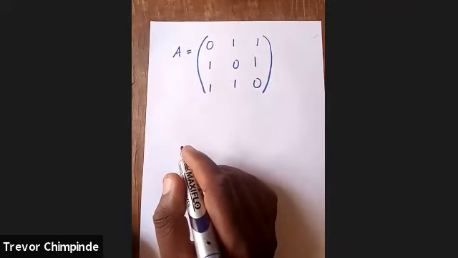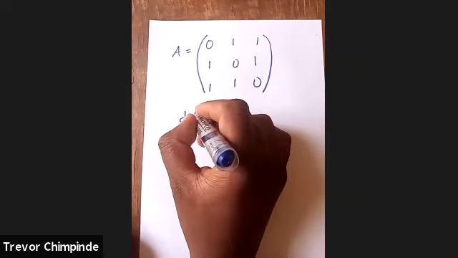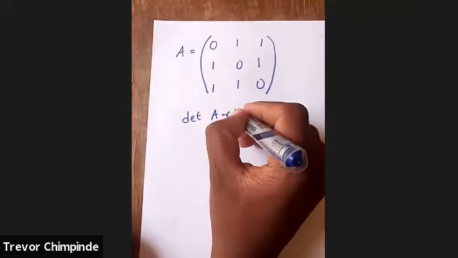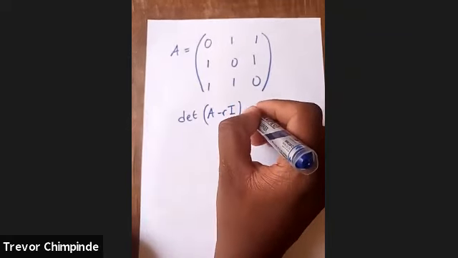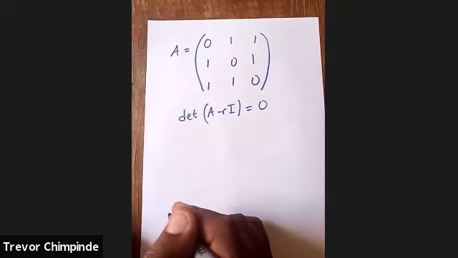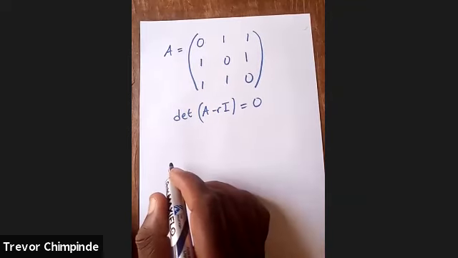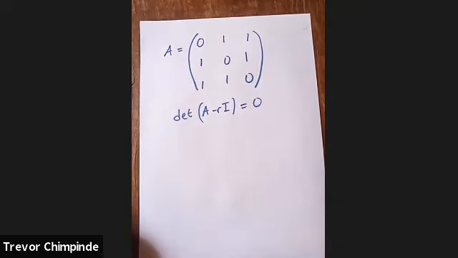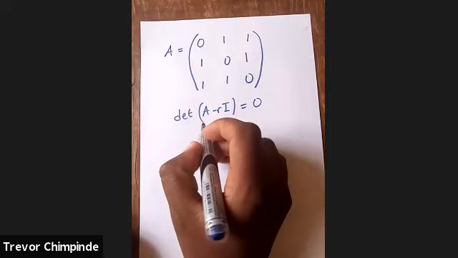Again, you want to find the determinant of A minus Ri equal to 0. This is your characteristic equation from which you find your eigenvalues.